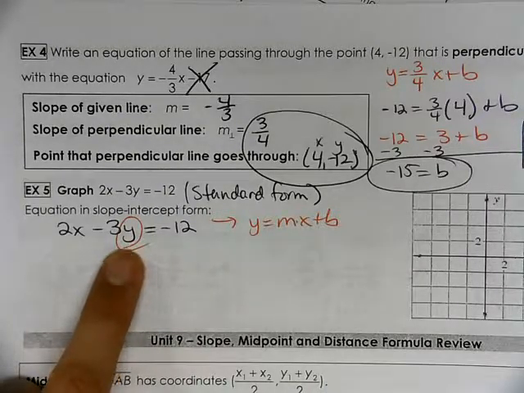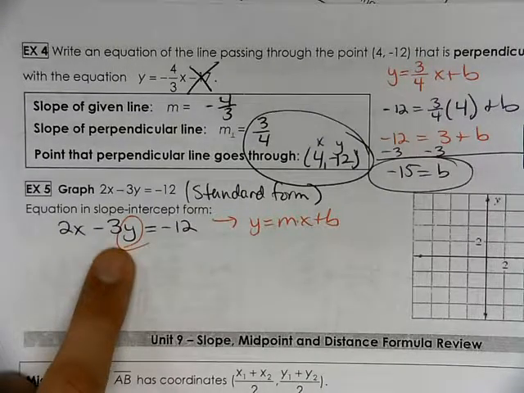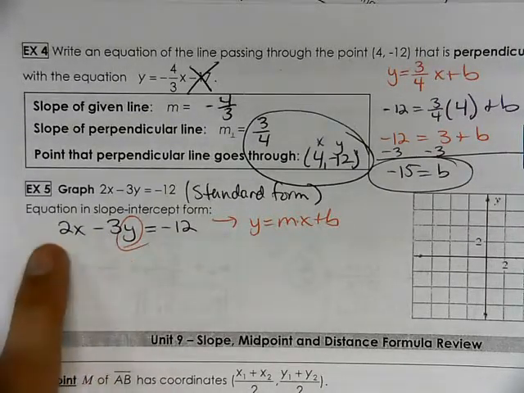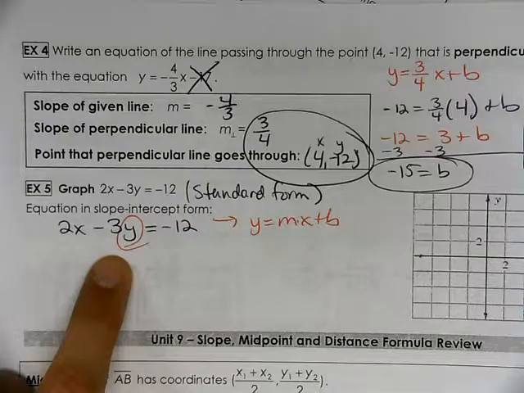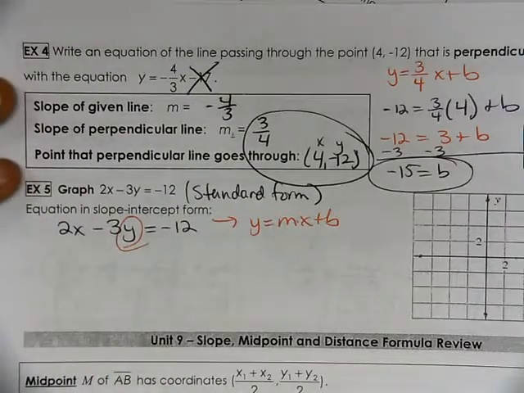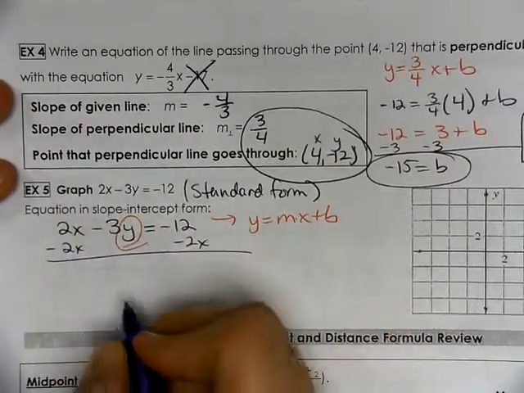How do I get y by itself? What do you think I have to get rid of first? The 2x or the 3? I need to get rid of the 2x before I can get rid of the 3. Minus 2x. So I'm going to subtract 2x from both sides.